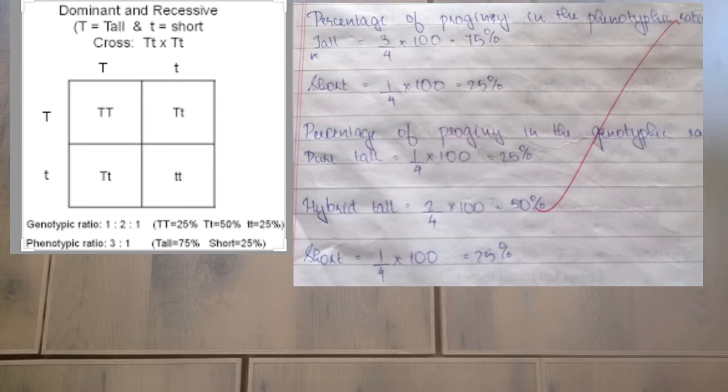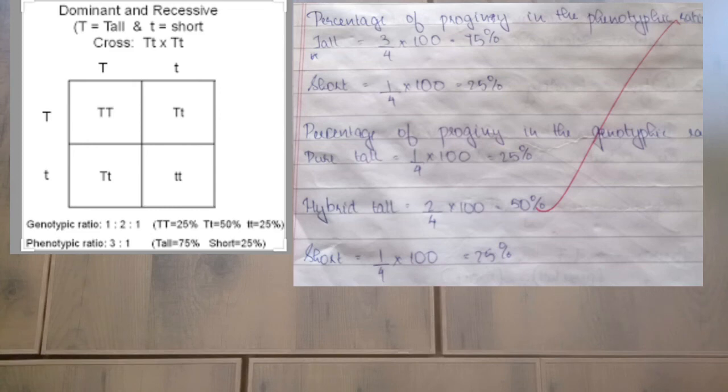Now let us analyze the percentage of the genotypic ratio. Once again, the genotypic ratio is 1:2:1. So 2 plus 1 is 3, 3 plus 1 is 4. Again, total 4 plants. So 1/4 into 100 gives 25. Again, 2/4 into 100 gives 50.